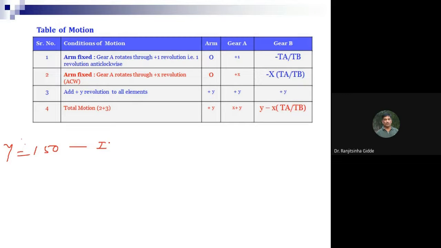This is the first equation, and x plus y is equal to 0.